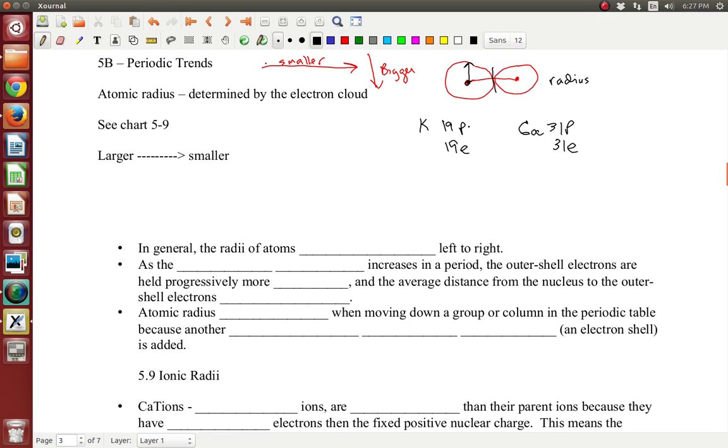When you compare the two, the positive charge for potassium is 19. The positive charge for gallium is 31. The negative charge for gallium is 31, and the negative charge for potassium is 19.